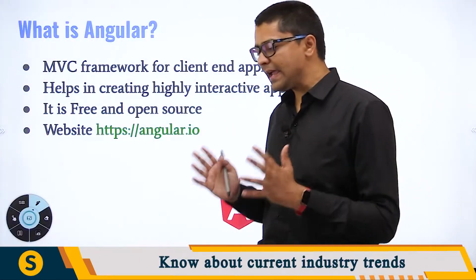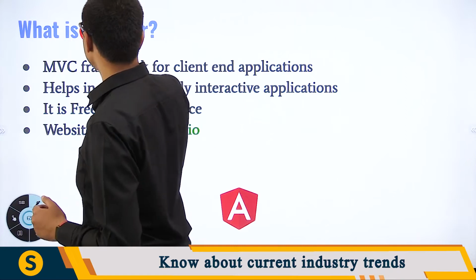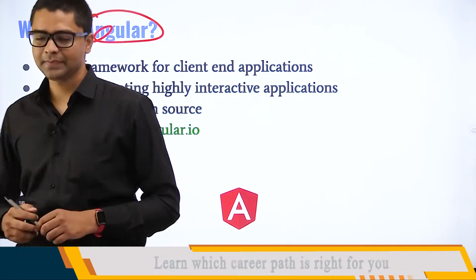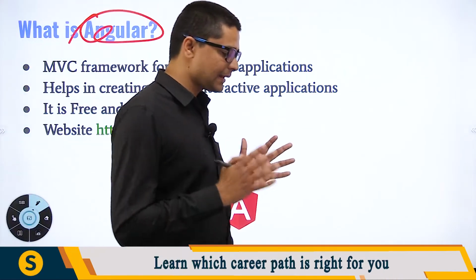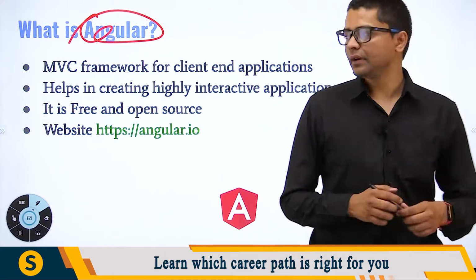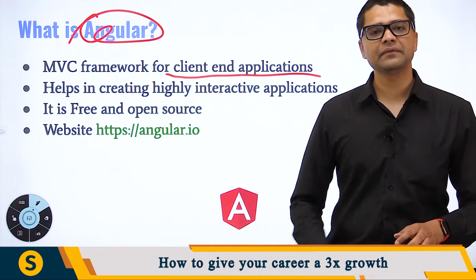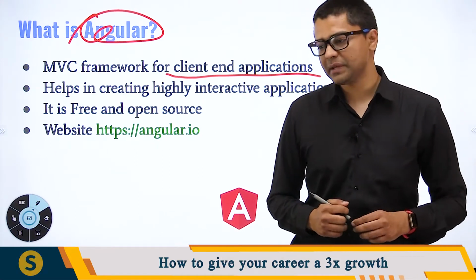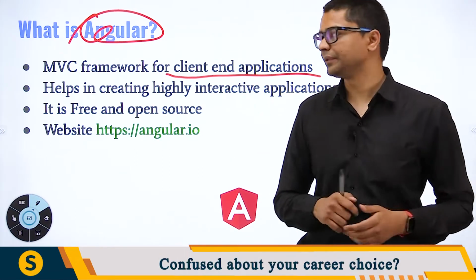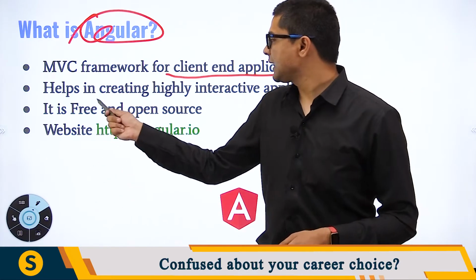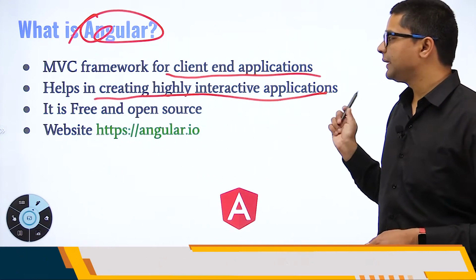Okay, now A stands for Angular in the MEAN stack. This framework sits at the client end of your application. So this is an MVC framework which stands at the client end, which is basically something visible to the user. Secondly, it helps you create highly interactive applications.